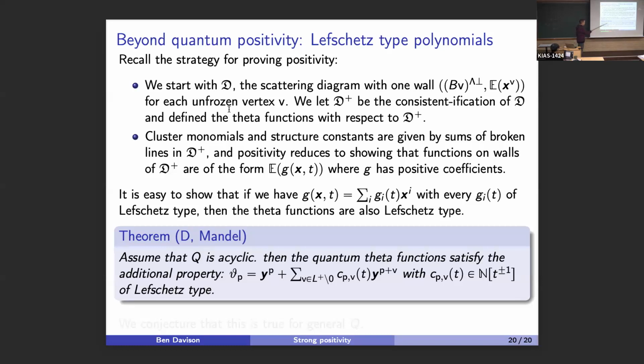But this is under this annoying assumption that Q is acyclic, meaning that there are no oriented cycles in Q. And we conjecture that this is true for general Q, but it's been a few years now, and I'm no wiser for any reason why this might be true, except that a computer tells me that it's probably true.